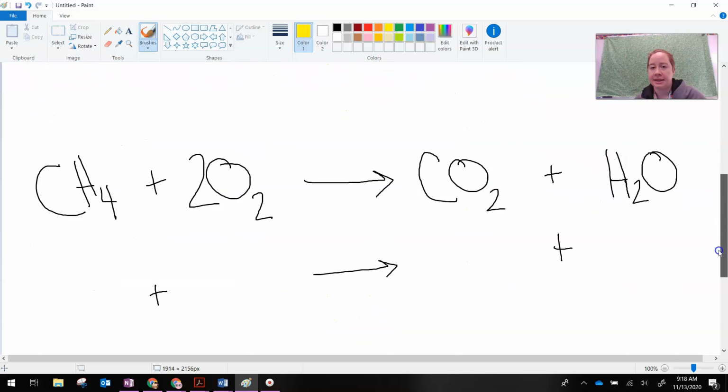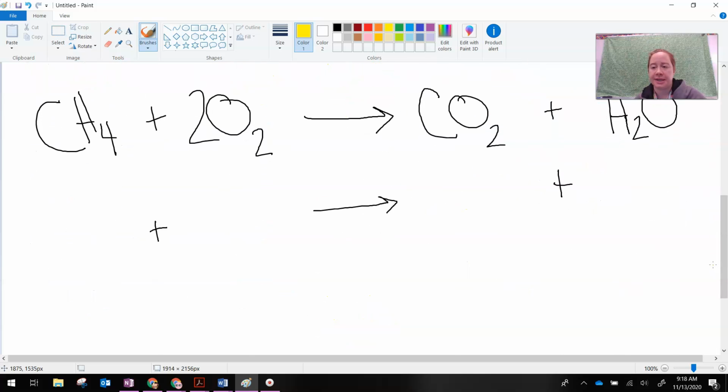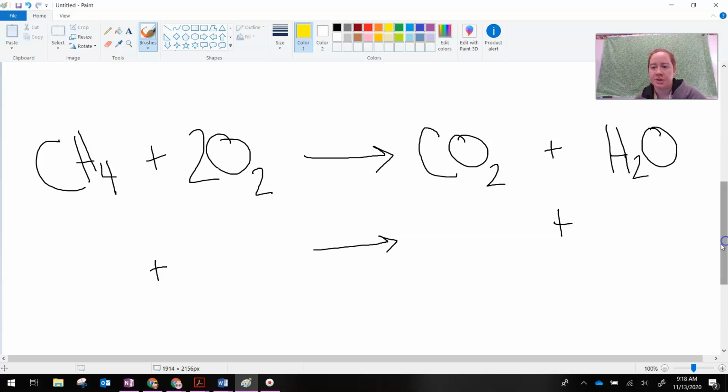Next, we had this equation, which was a little bit different. We had 2 things on both sides. We had 2 reactants making 2 products. So I'm going to use black for carbon. So this is 1 carbon and 4 hydrogens. So then I had 1, 2, 3, 4 hydrogens. And then I had 2 O2 molecules.